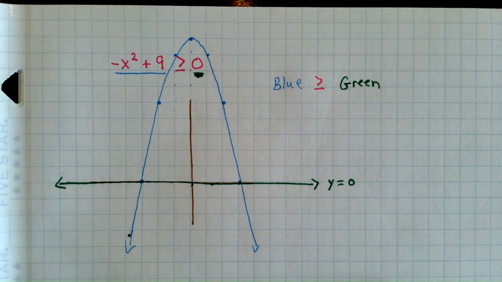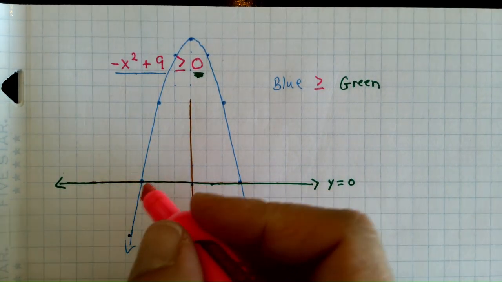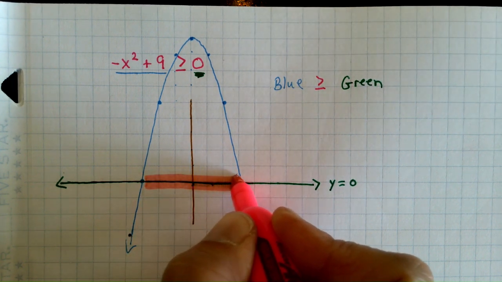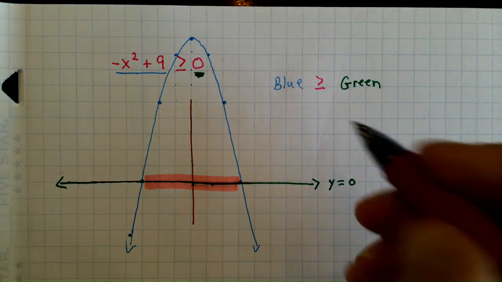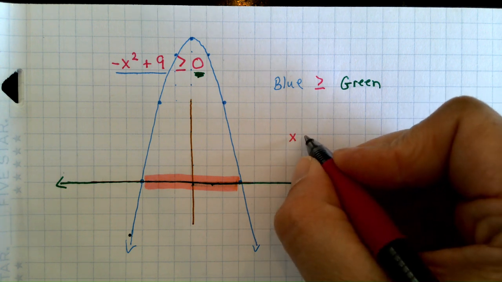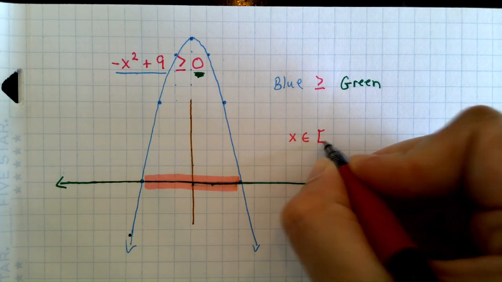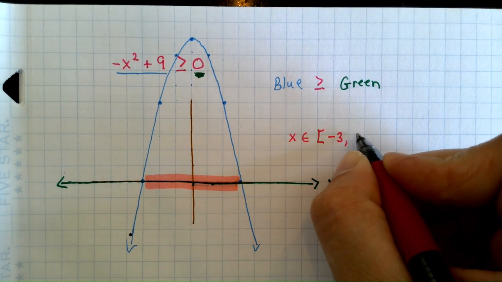So it's only in this middle section here that the blue is higher than the green. And since we're only talking about the x's, we're only going to use those x values. And it's underlined, so we can actually use brackets. So our answer will be when x is between -3 and +3.